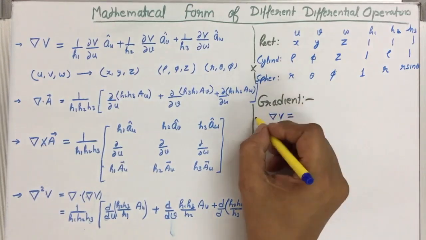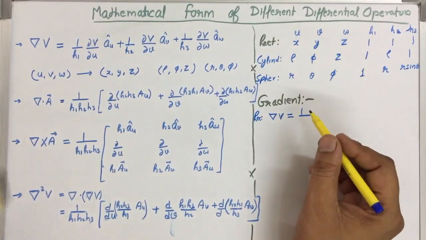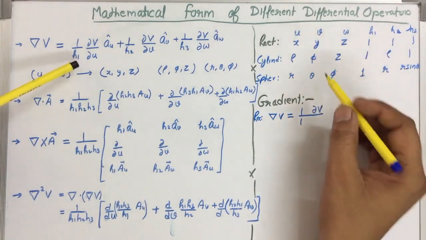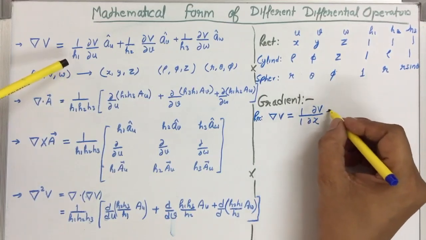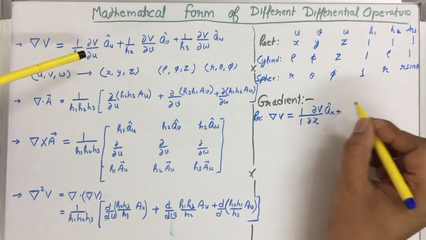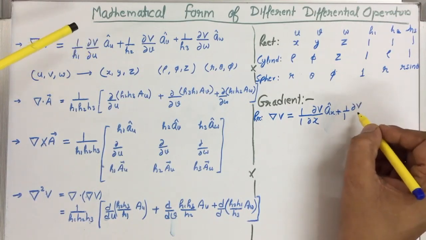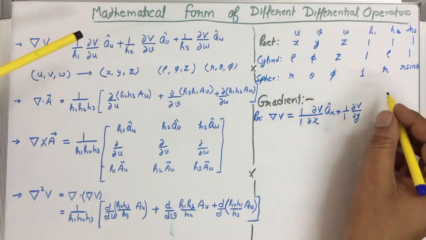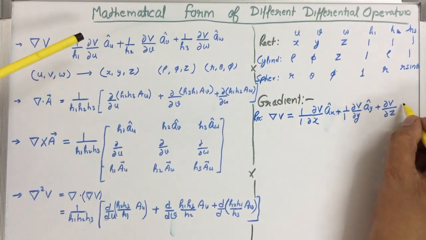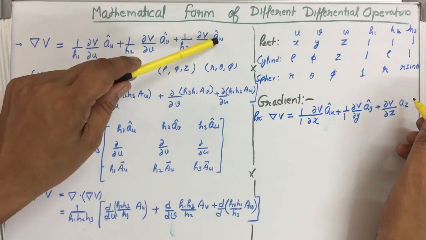So in rectangular coordinate, it will be 1 by h1, which is 1, del V over del u, which is x, in the direction of a_x, plus 1 by 1 because h2 is also 1, del V over del v, which will be y, in the direction of a_y, plus del V over del z, as w is z, in the direction of a_z.